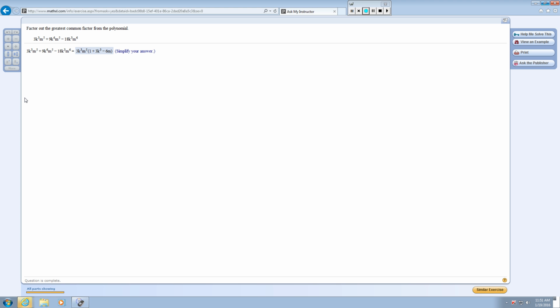Whenever you factor out a common term or factor out a common multiple, always remember that when you're talking about exponents, you go with the lowest exponent. Always remember that because it's real easy to kind of get it discombobulated or confused.